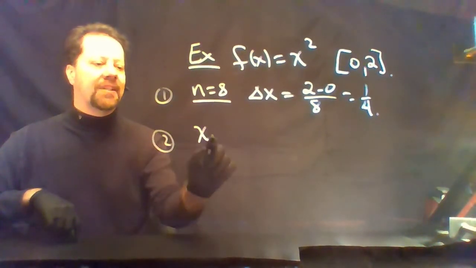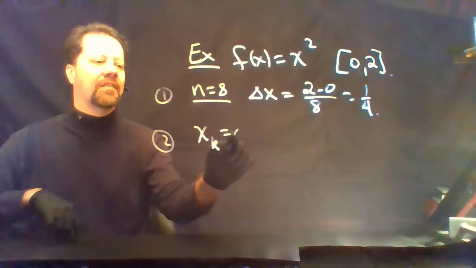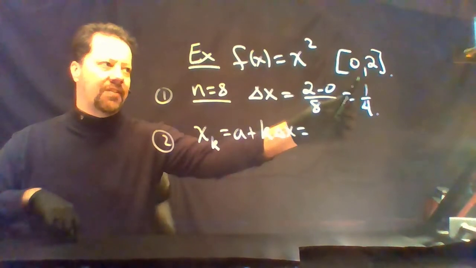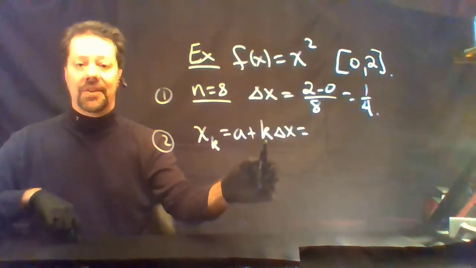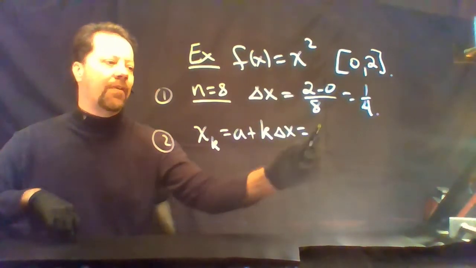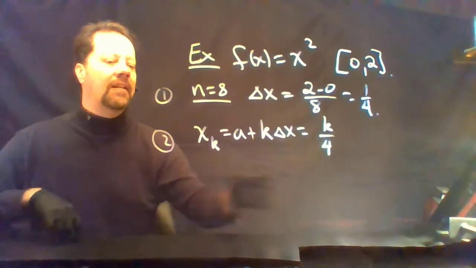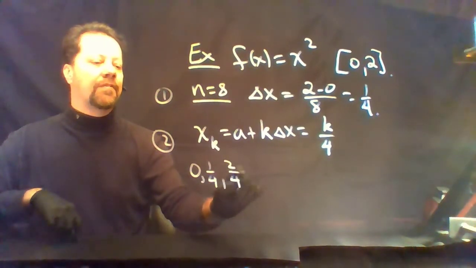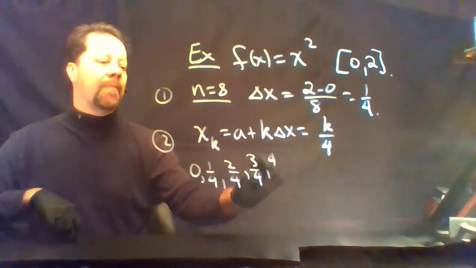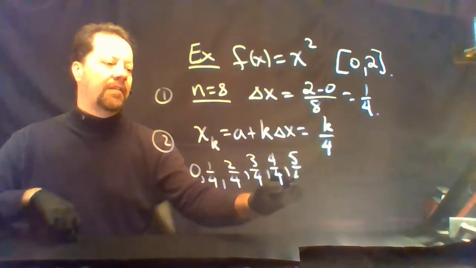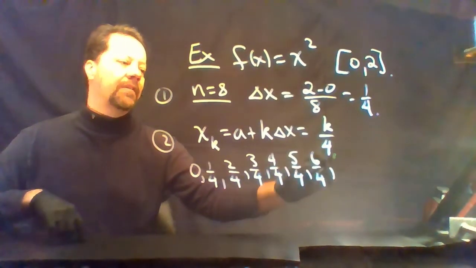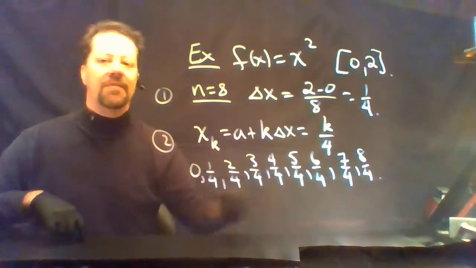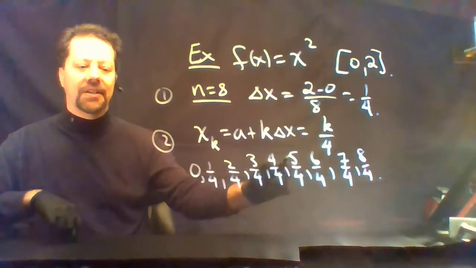The second step is to calculate the elements of the partition. a in this case is 0, k is just an index, and we're multiplying by 1/4. That means we're starting at 0, going to 1/4, 2/4, 3/4, 4/4, 5/4, 6/4, 7/4, and we'll stop at 8/4, of course. These are the elements of the partition.